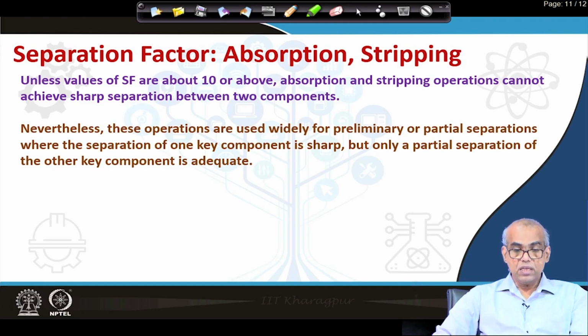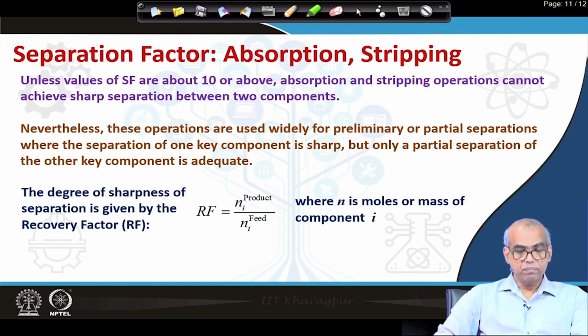Nevertheless, these operations are used widely for preliminary or partial separations where the separation of one key component is sharp, but only a partial separation of the other key component is adequate. So, when you are happy with sharp separation of only one key component, then this can be used.